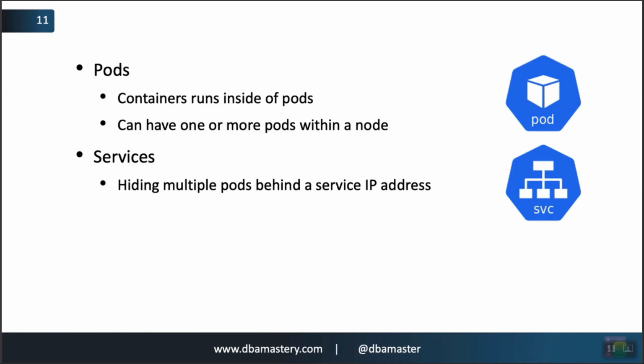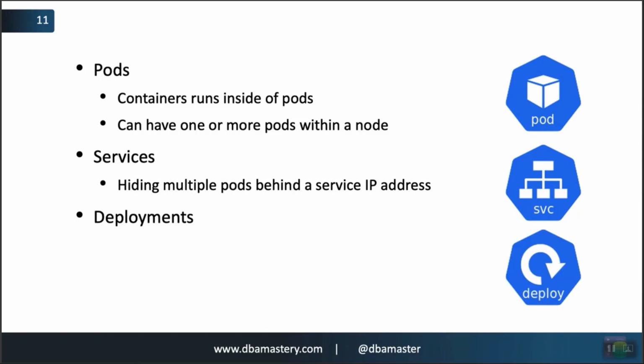Kubernetes is going to create a new pod in a different node, for example. So having a service to hide that, or have that abstraction of the endpoint for our application, is really cool.